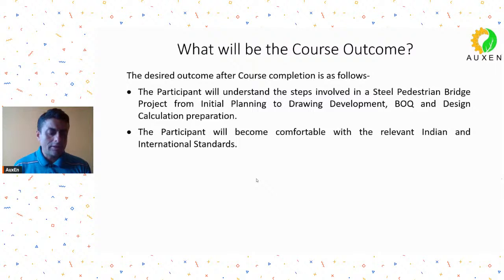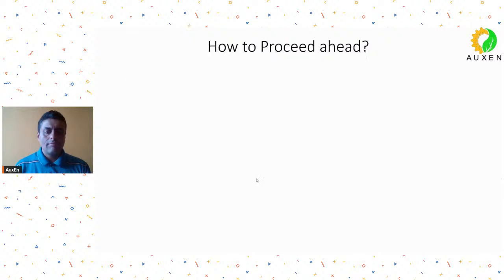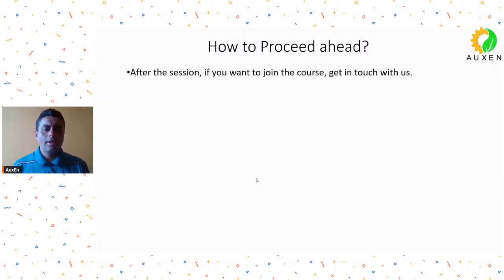And of course, the participant in the process becomes comfortable with the relevant Indian and international standards. And we expect the participant to develop confidence and gain necessary skills, and maybe to start his or her own firm, or maybe work for any consultancy company.